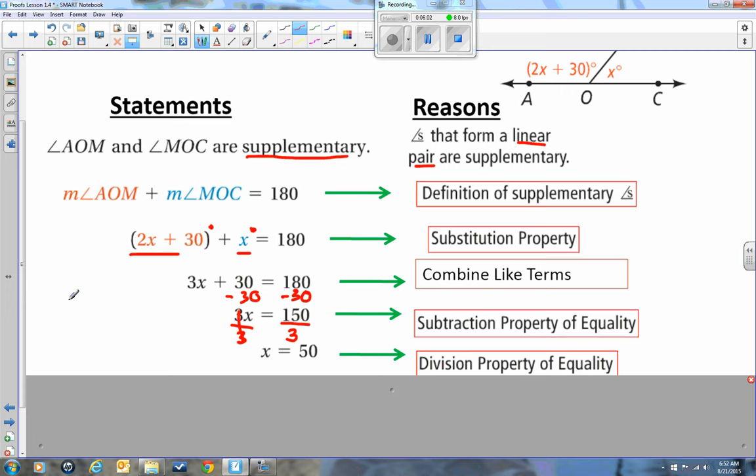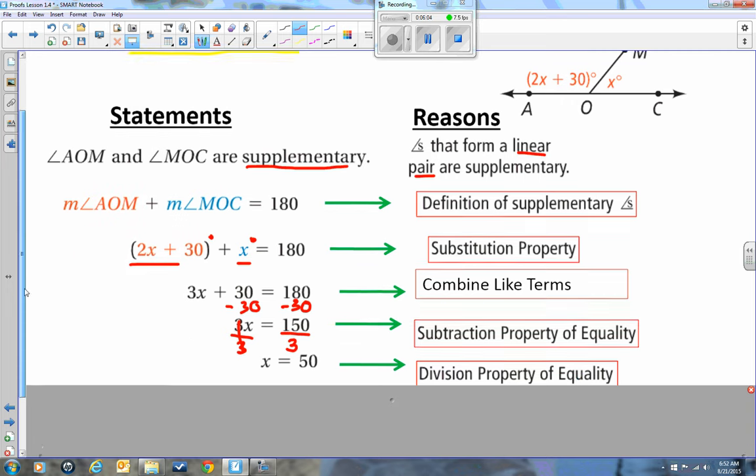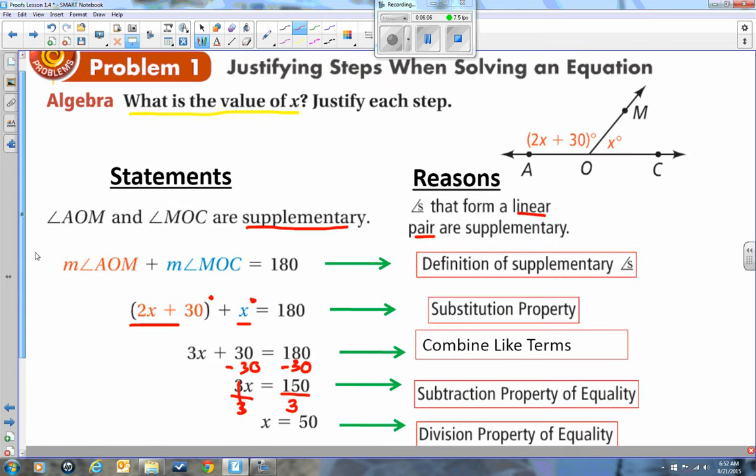Let's review real quick what we did on this proof. First of all, we look at the diagram. That's step 1. Step 2, we look at what we're supposed to be finding out. What are we supposed to be proving? The value of x. If we look at the diagram, what general concepts do we know that match this picture? Well, you just learned what a linear pair is. So these two angles add up to 180.